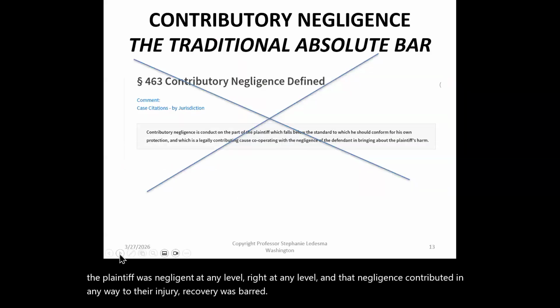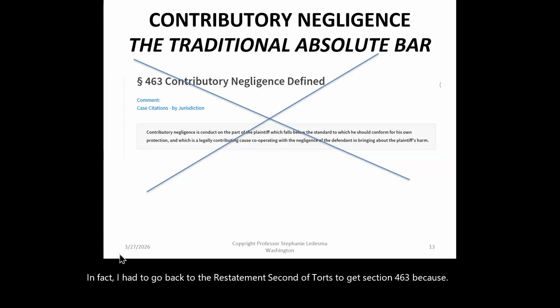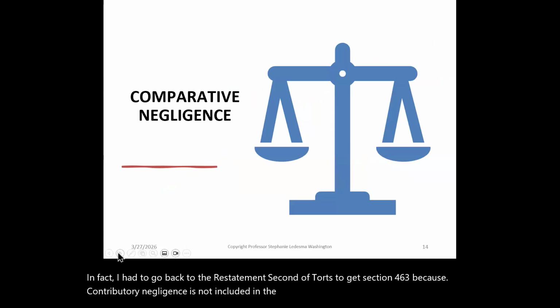Done and done. In fact, I had to go back to the Restatement Second of Torts to get section 463, because contributory negligence is not included in the Restatement Third of Torts.